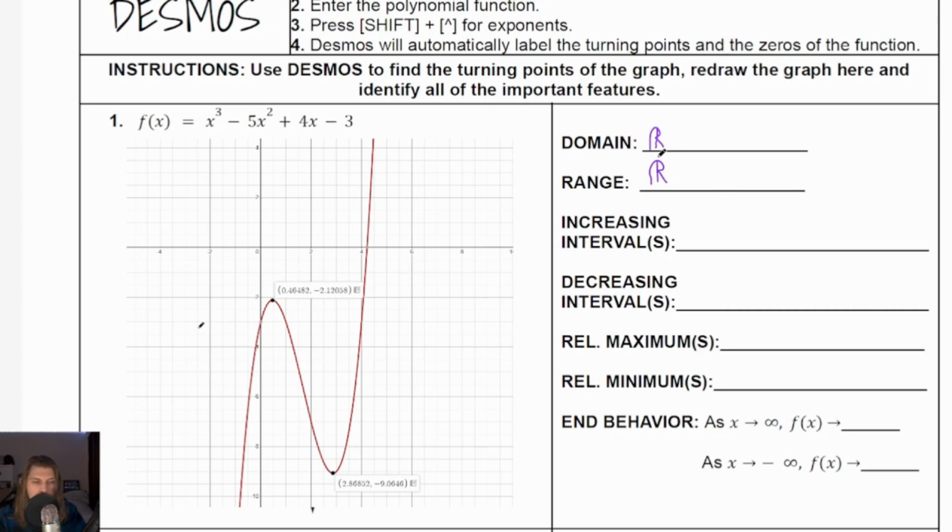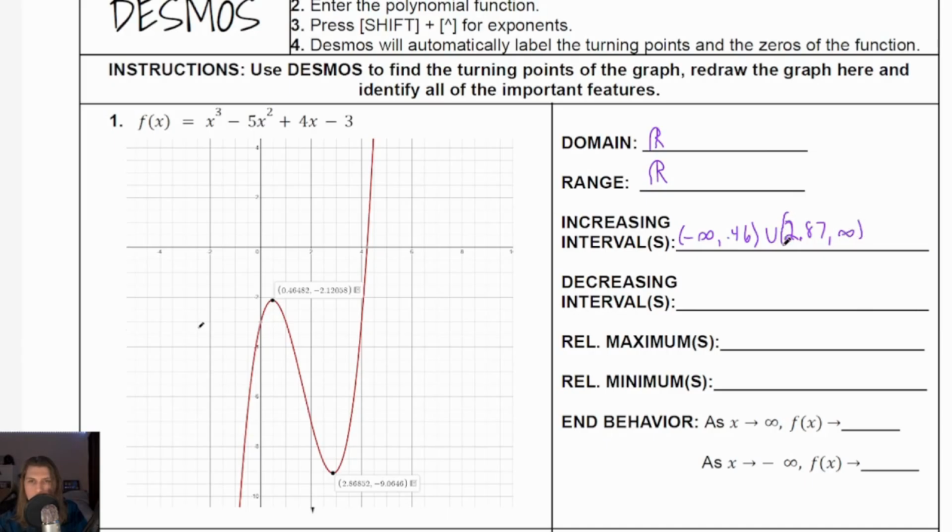Then our increasing intervals, we're going to round all of these to 2 decimals, but as you can see, it extends from negative infinity to 0.46, or it's also increasing from 2.87 to positive infinity.